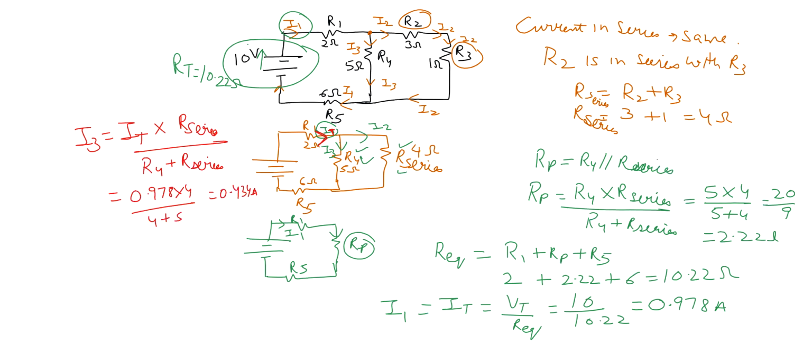We know that I total and I1 are the same here. This current was split into two parts, I3 and I2. So to find I2, I2 will be simply the total current, or I1, minus I3.